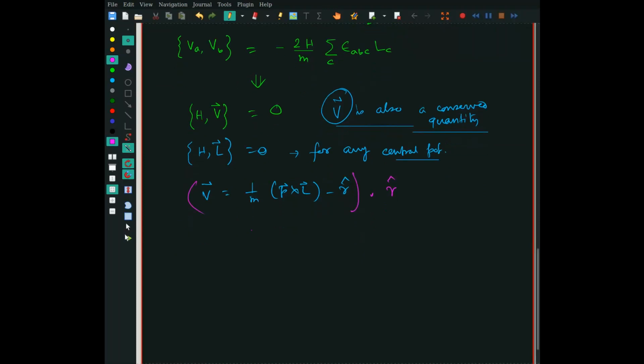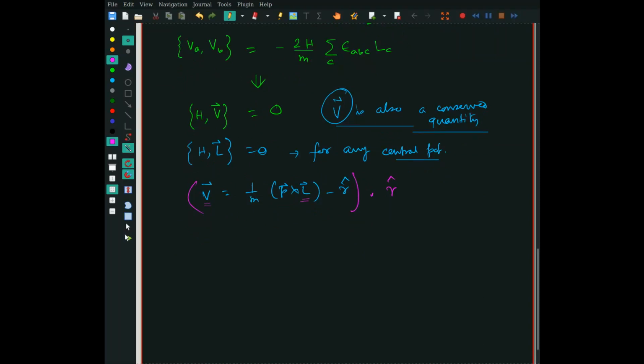And remember, for an attractive 1 by R potential, both this V and this L are constant. So these are two constant vectors pointing in a constant direction in space. If a vector is constant, that means both its magnitude and its direction are constant.